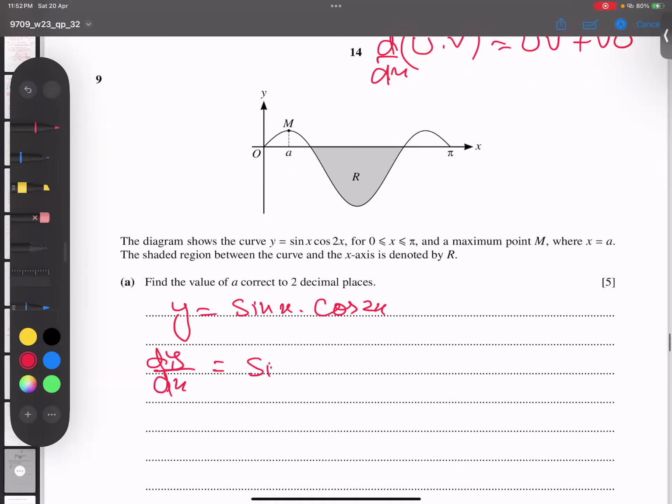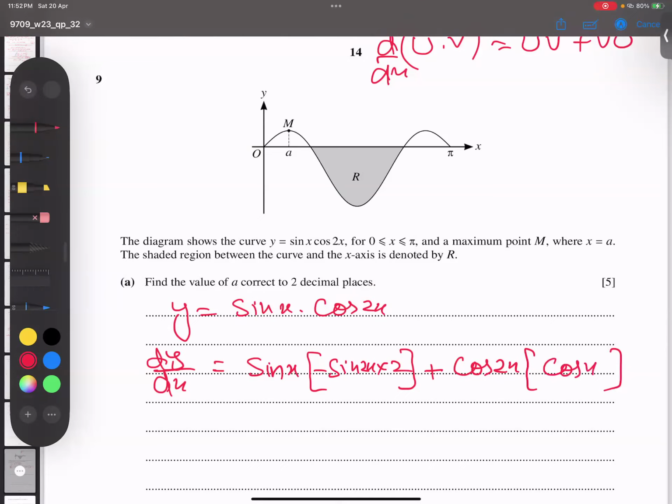So sine copy, and cos derivative here, plus cos double x copy, sine x derivative here. In this way, the chance of mistake reduces. So cos derivative here is negative sine double x into the angle derivative 2, and the sine derivative is simply cos x.